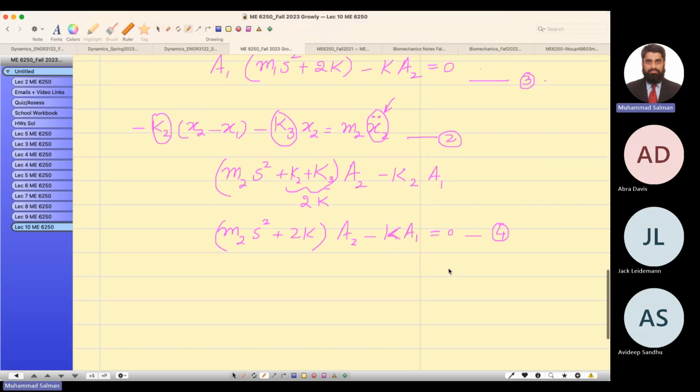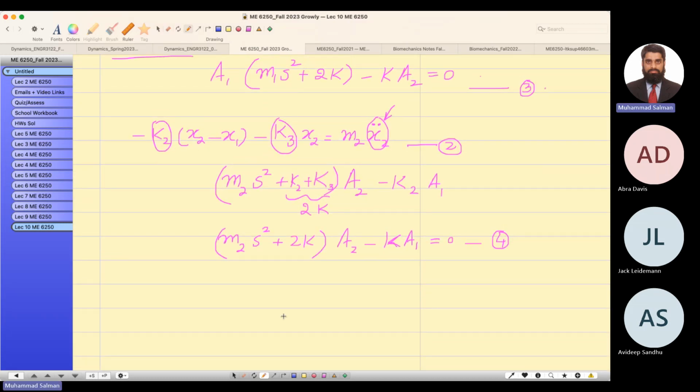Now I'm going to show you how to write down two equations. Write equation 3 and 4 into 2 by 2 matrices.